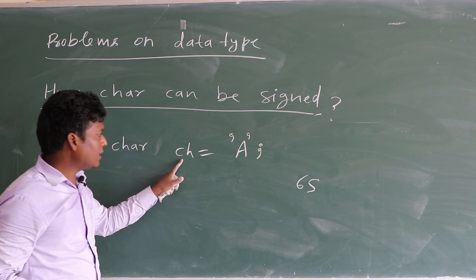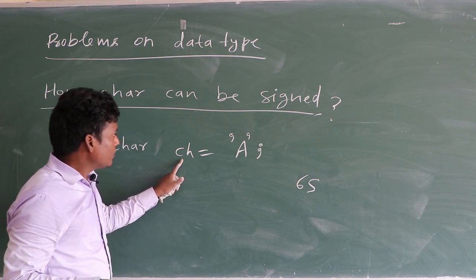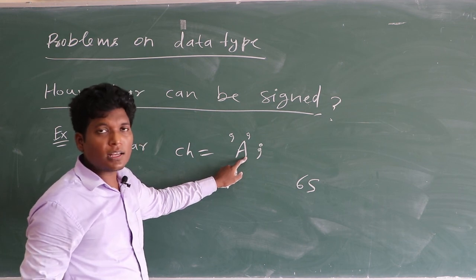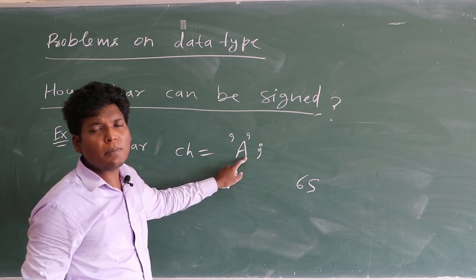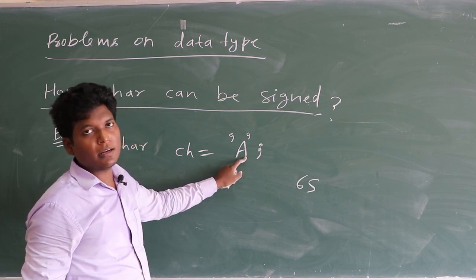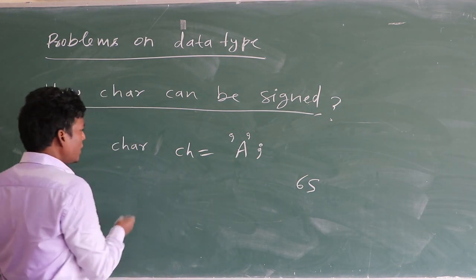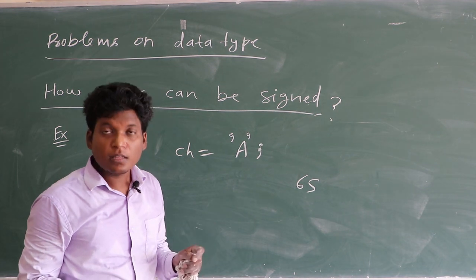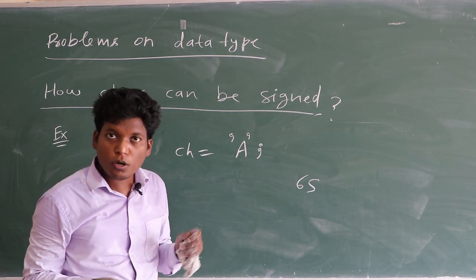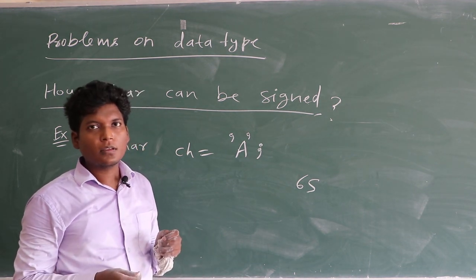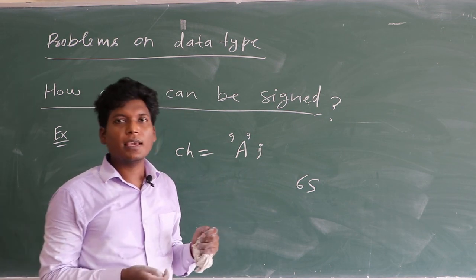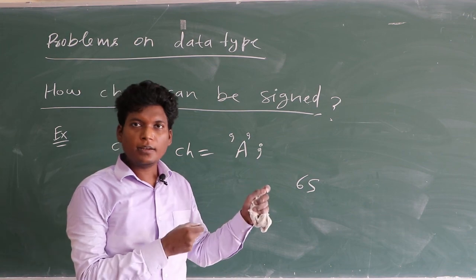So ch is receiving not the character a, but its binary equivalent of ASCII number. So if ch can hold 65, then ch can also hold minus 65. In this way, char data type can be signed or unsigned.